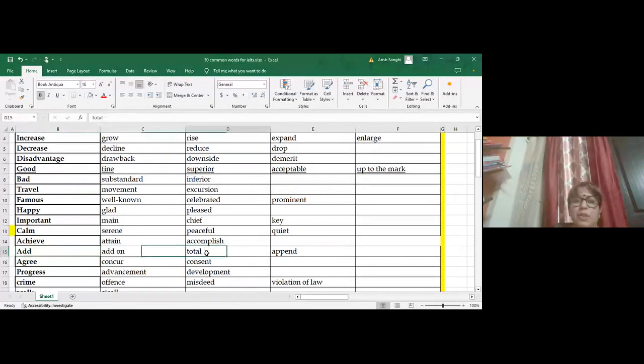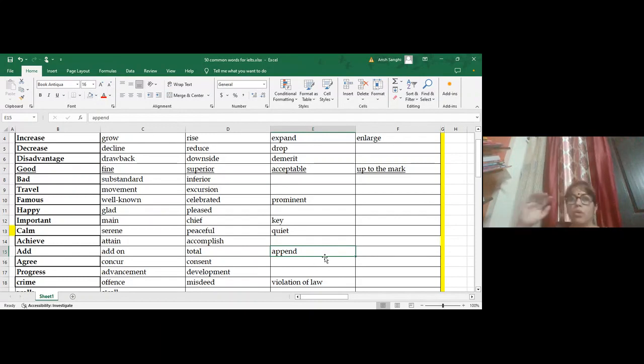Sometimes add total. The total of this is, when we talk about addition, is this. Total number of people was this.